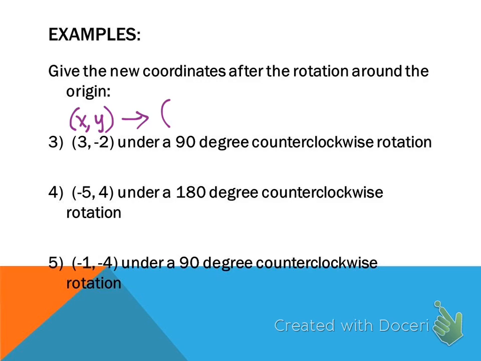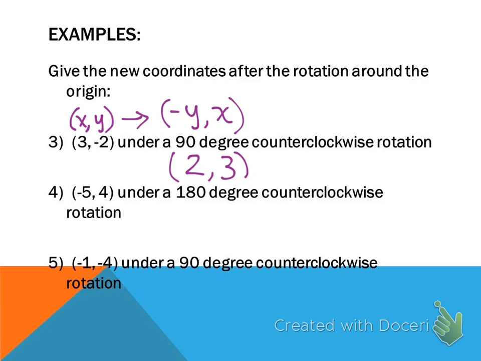Under a 90-degree counterclockwise rotation, our new coordinates should be -y, x. So what that means for us is that our y is changing signs and moving to the front. So what number goes in here? A +2. The y changes signs and moves to the front. The x just goes to the back. It stays the same. What is it? 3.